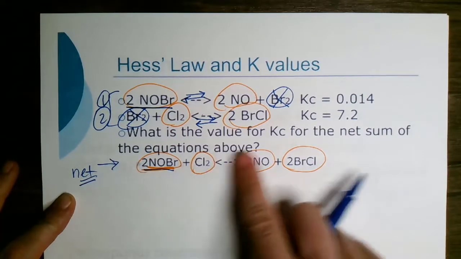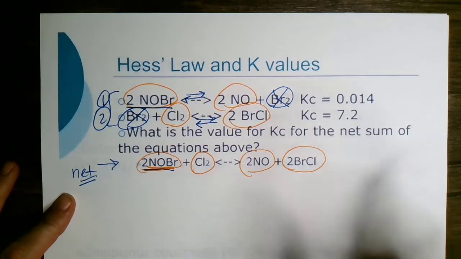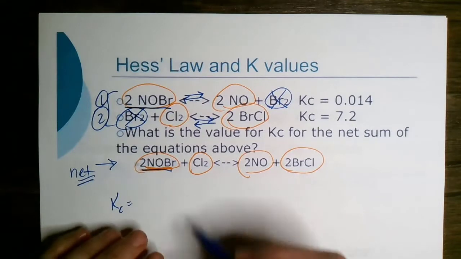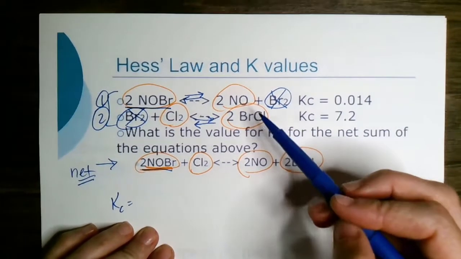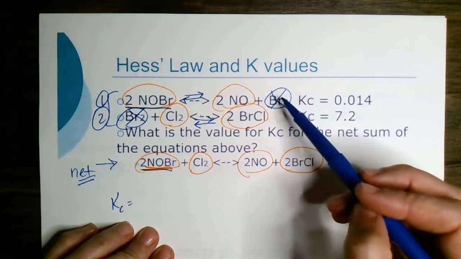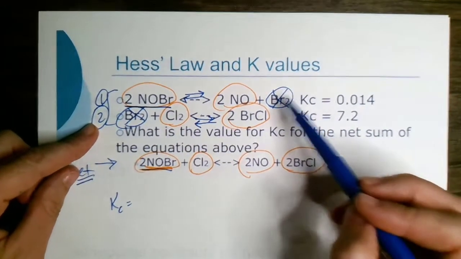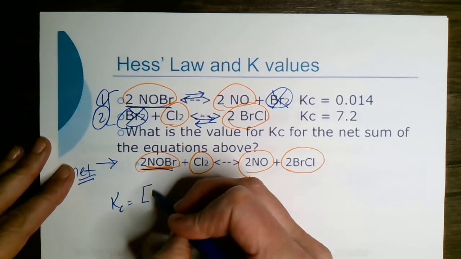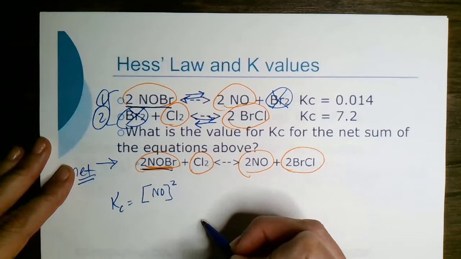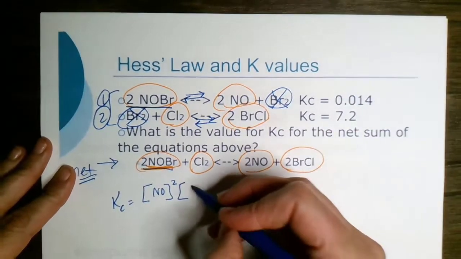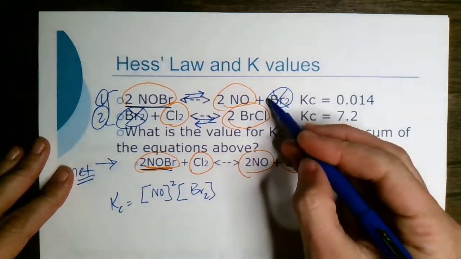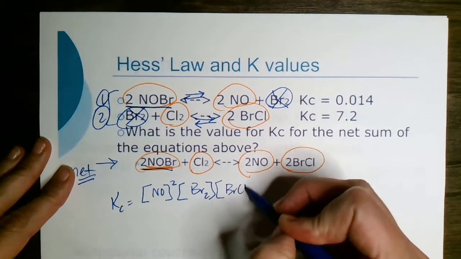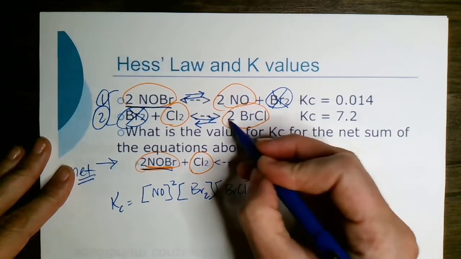We're good. So how do I find the value of Kc? Well, if I looked at my products over reactants, now let's take a second here, and if I looked at all of my products, before I canceled out using Hess's law, before I canceled out this bromine, let's just look at if I did my NO squared, bromine, there's only 1 in front of it, right? And let's say I did BrCl, and that's also squared because I have 2.